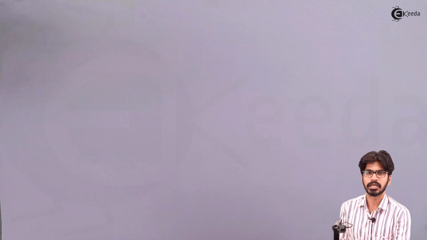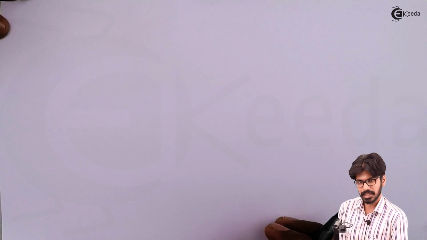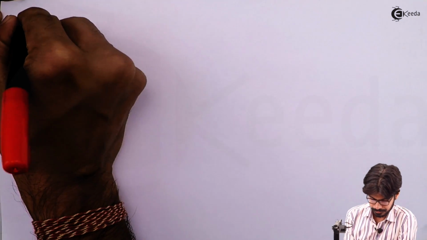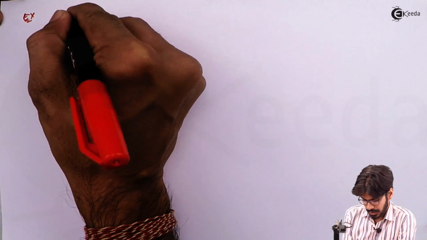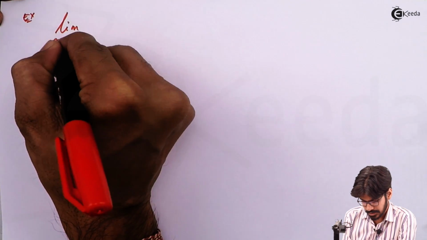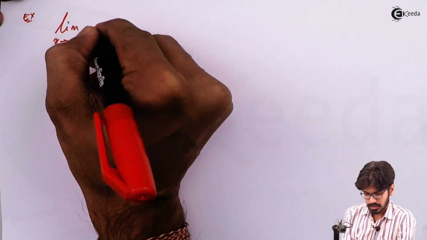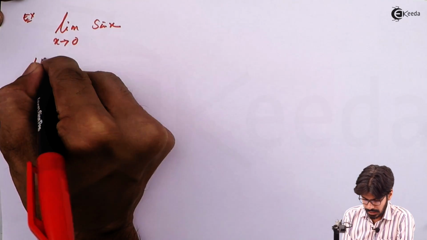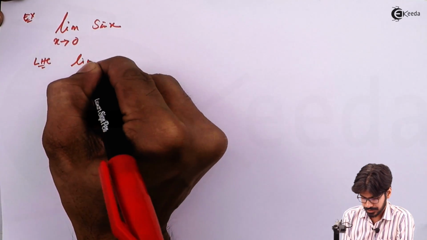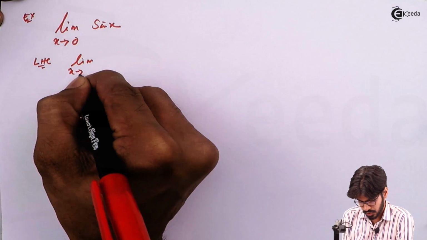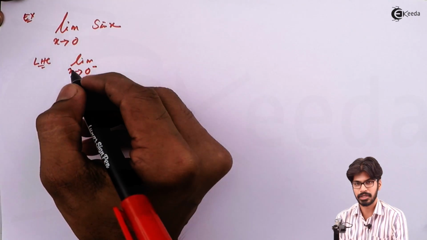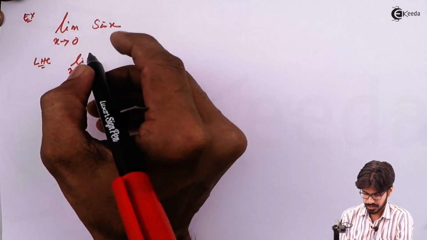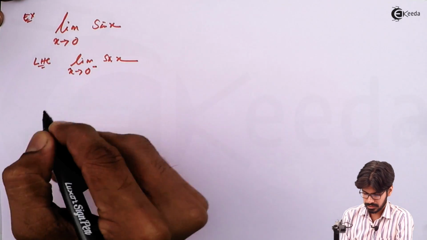Let us understand the concept of limit by taking some examples. If we take the limit when x approaches 0 of sin x, that is LHL, limit x tends to 0 minus, as you have already noticed this notation, sin x.